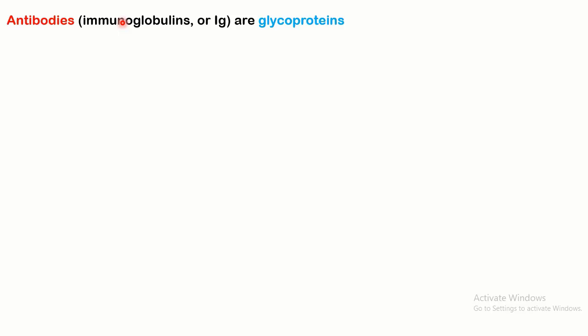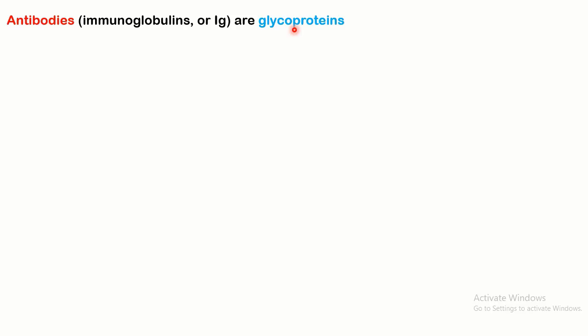Before going into the immunoglobulin A, let me give you a general introduction to the antibodies. The immunoglobulins and the term antibodies are usually used interchangeably, and the immunoglobulins are glycoproteins in nature.